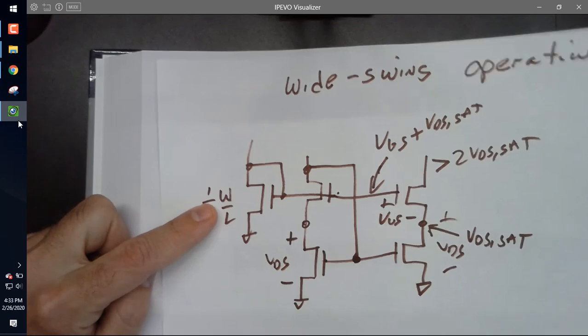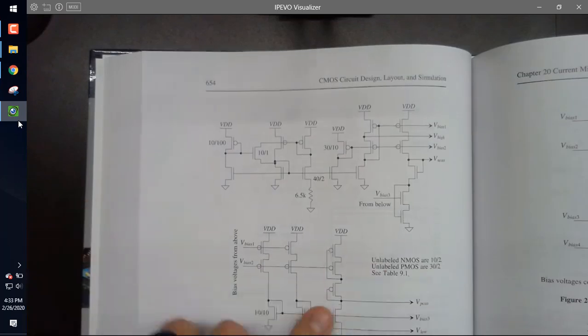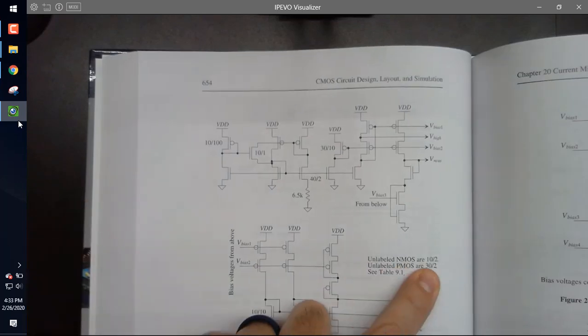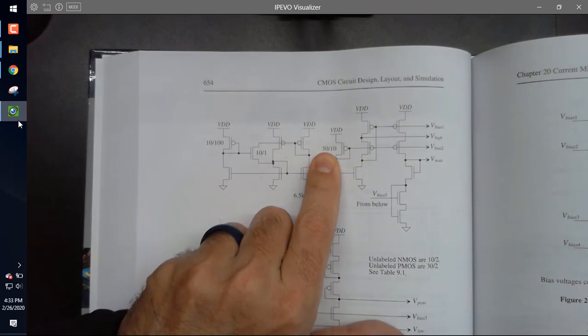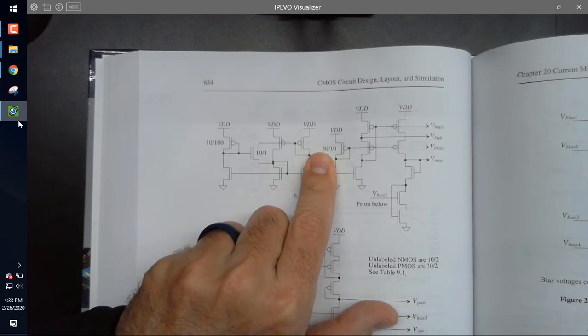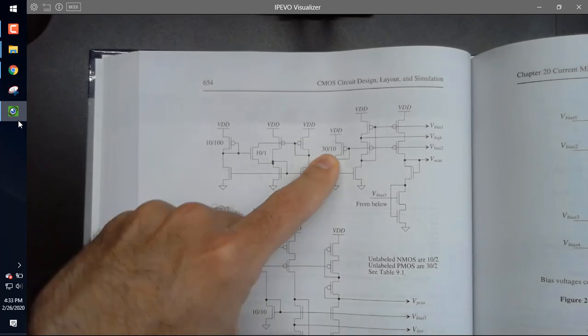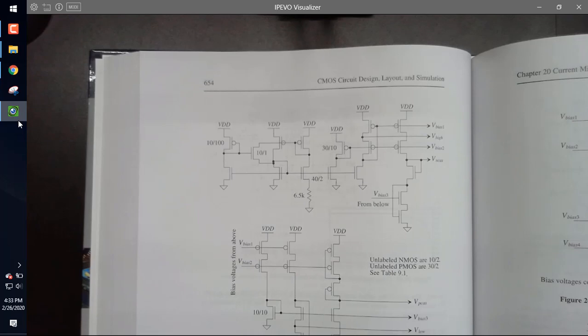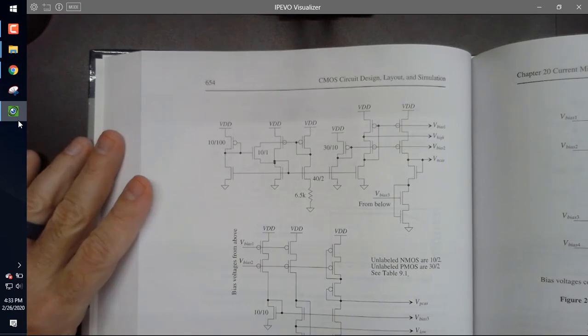Okay, now, if I look at this, the PMOS are 30 by 2. Here, I've got 30 by 10. It's not 1/4, it's 1/5. Explain to me, why did I make this 1/5 instead of 1/4?